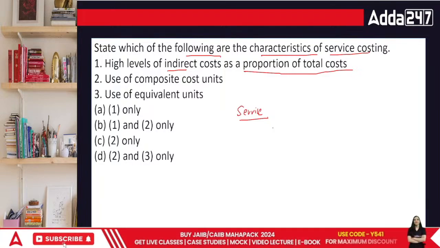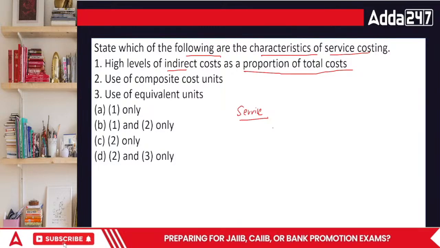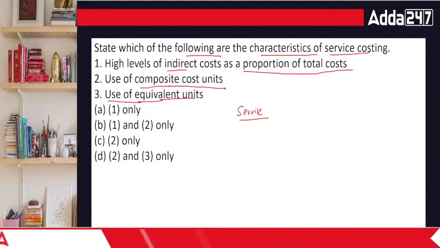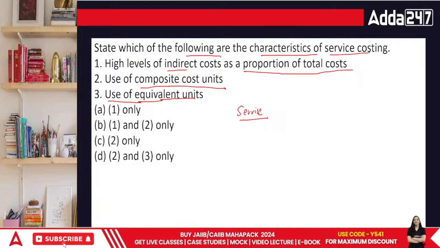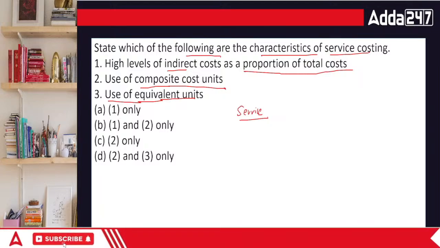If a doctor is providing a service, he's not producing anything, he's just giving a pure service, but it has a cost because that professional is going to give you time, hai na? Use of composite cost units and use of equivalent units. They cannot use equivalent units, everyone. A few things are in hours, a few things are in times, a few things are in minutes. Everything is going to vary based upon the service, hai na?